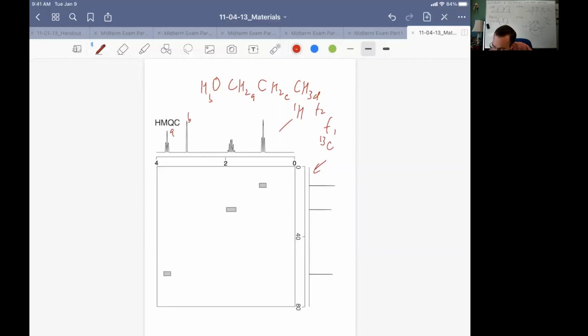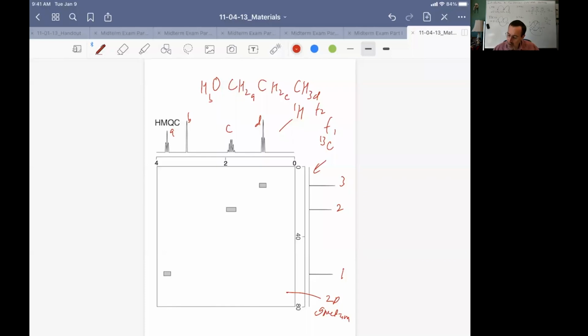Again, we have our peaks A, B, C, and D. We have our carbon peaks 1, 2, 3, and 4. And remember, this is a separate carbon NMR spectrum that's superimposed. This is the actual 2D spectrum.